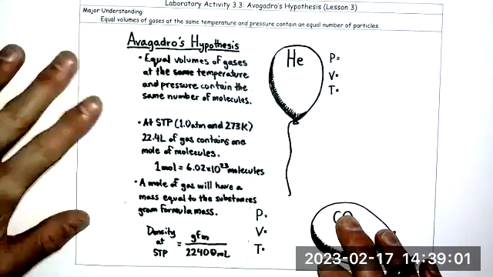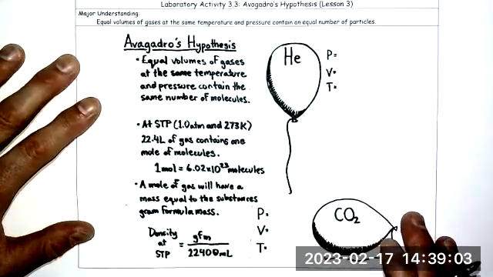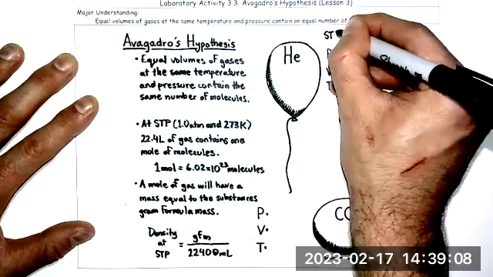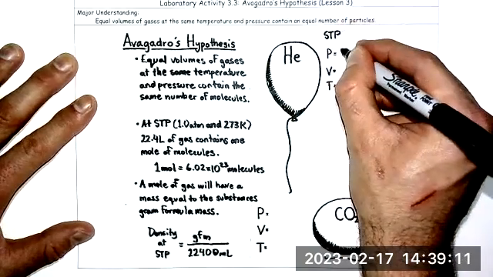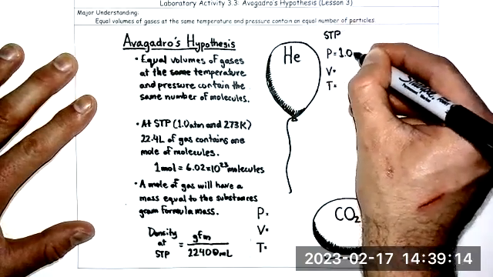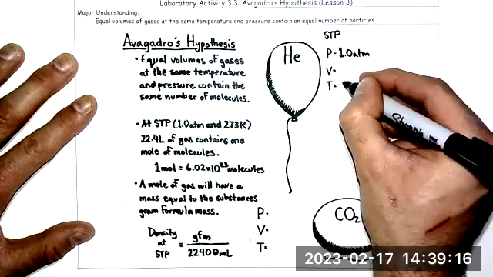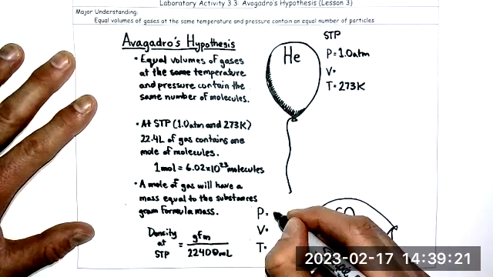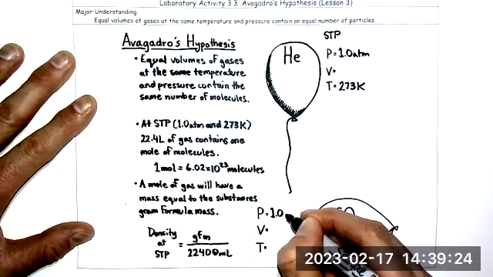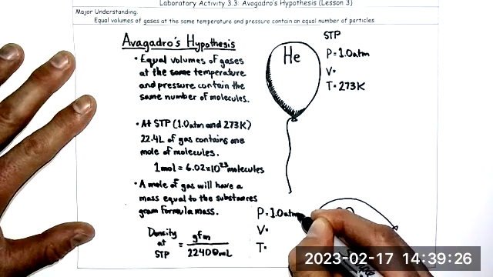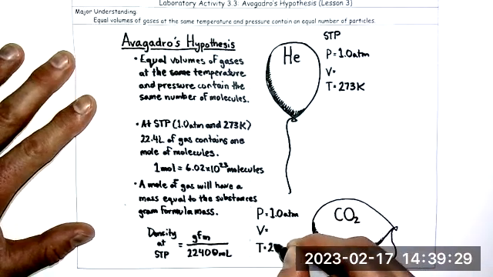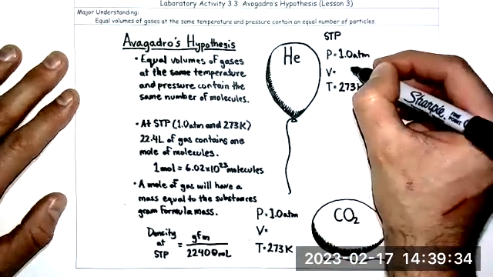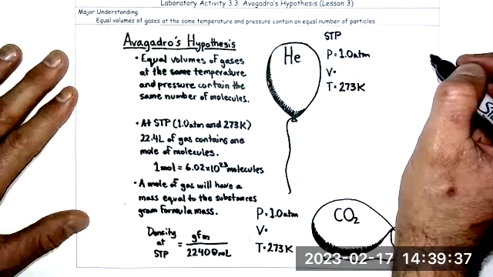Okay, and so let's consider two balloons of gases, both at the same volume and both at standard temperature and pressure. So we're going to say they both have a pressure of 1 atmosphere, and they both are at a temperature of 273 degrees Kelvin. We'll also say that both of them have a volume of 22.4 liters.